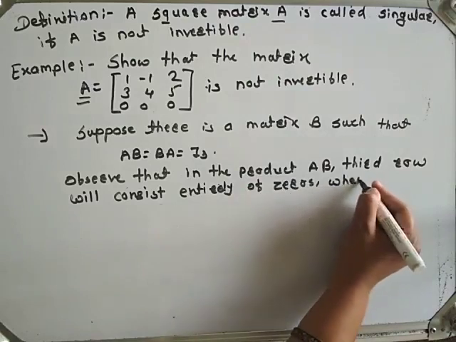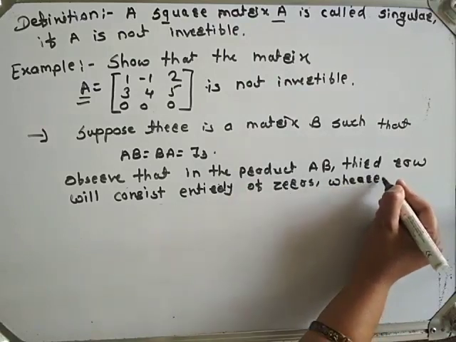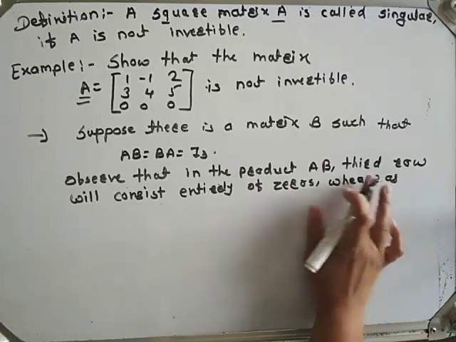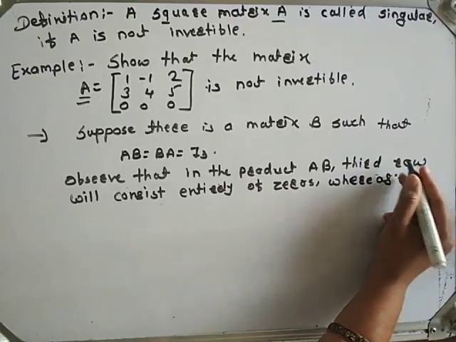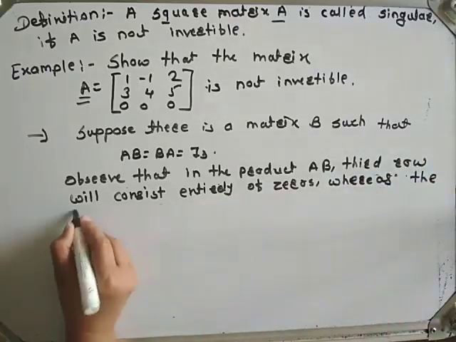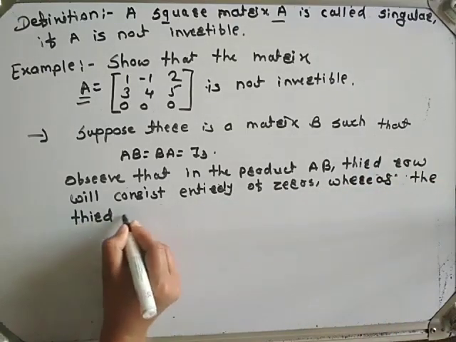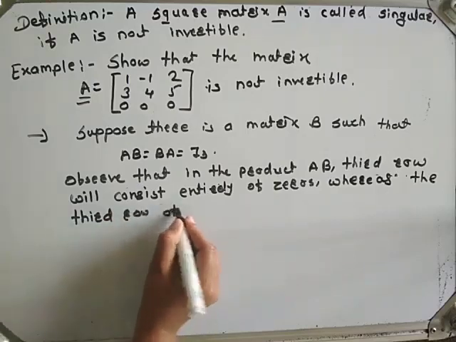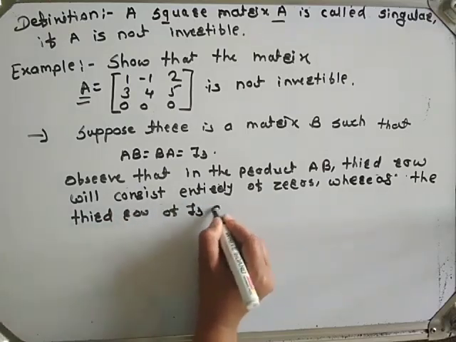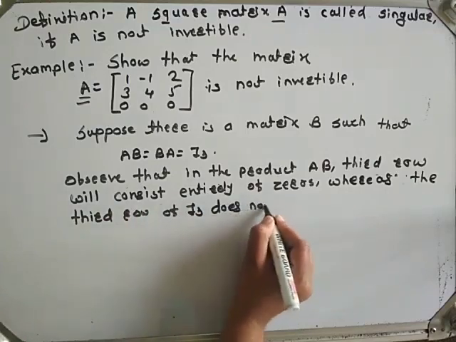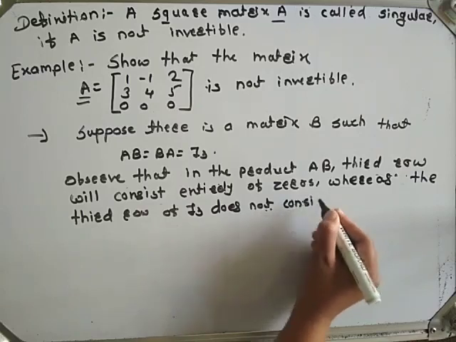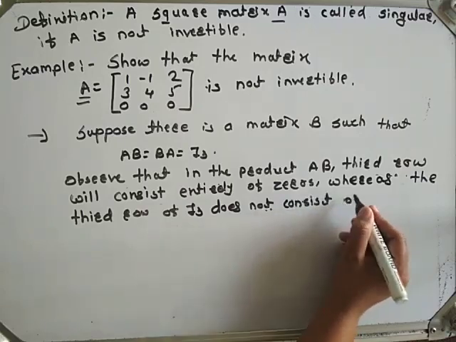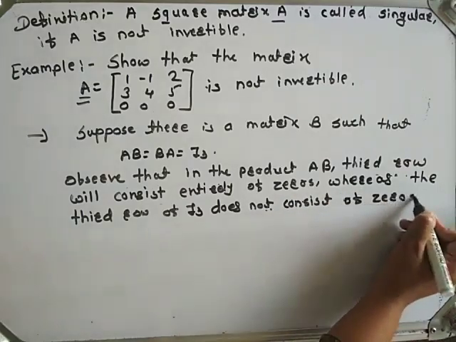whereas the third row of I3 does not consist of zeros only.